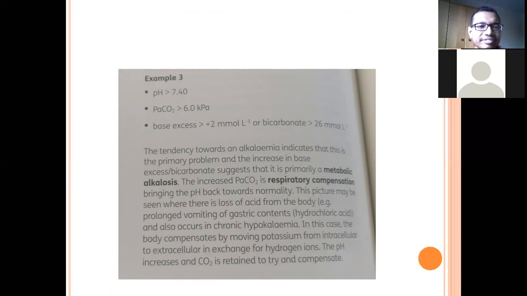So if carbon dioxide level is high, how should it be? It should be acidosis, but the pH is alkalosis. So it's not definitively something respiratory. So next, look at the base excess. On base excess, it's greater than +2 and bicarbonate is also high. It supports the alkalosis. So it's a metabolic alkalosis.